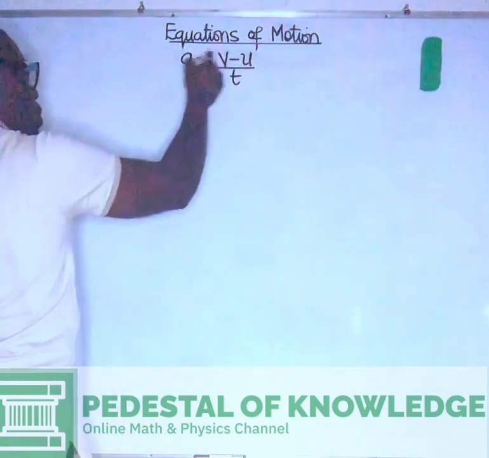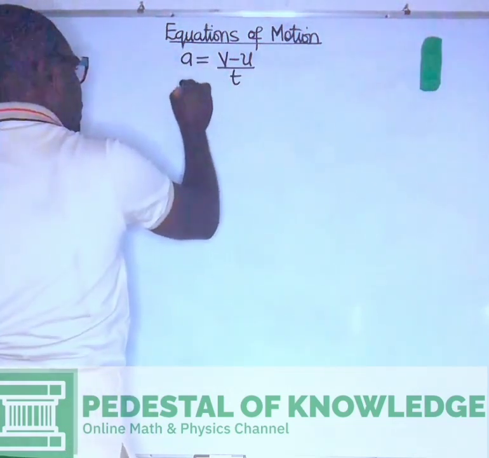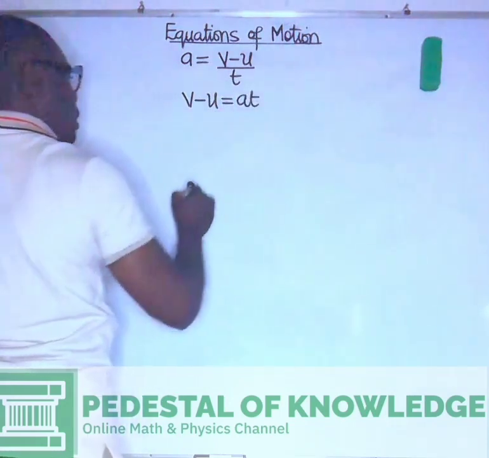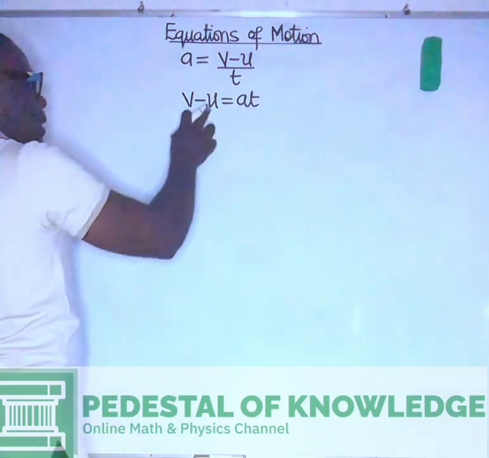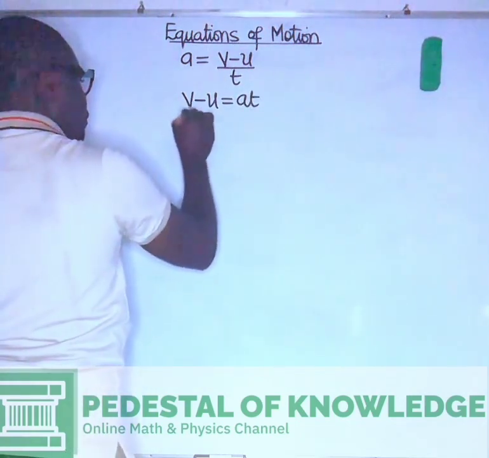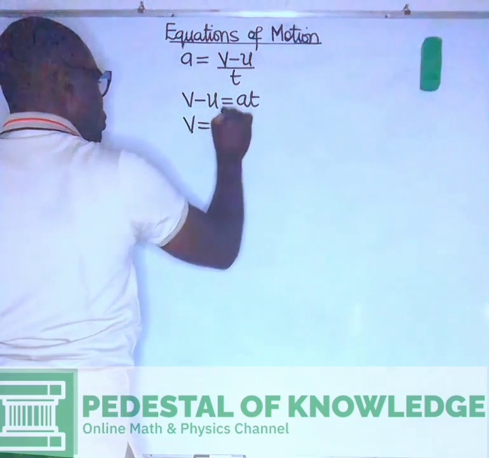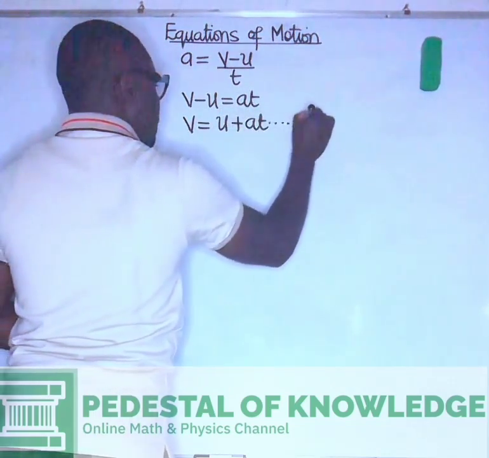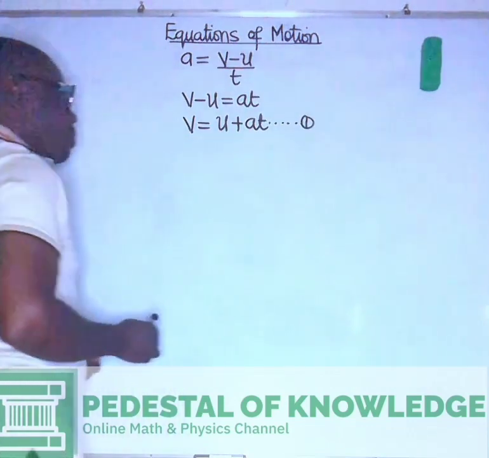Now, in this equation, when we cross multiply, we shall have v minus u is equal to at. Okay, now we transfer u to the right hand side of the equation. So we are going to have v is equal to u plus at. And this is the first equation of motion.